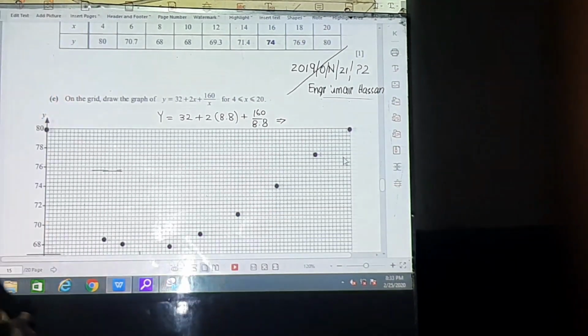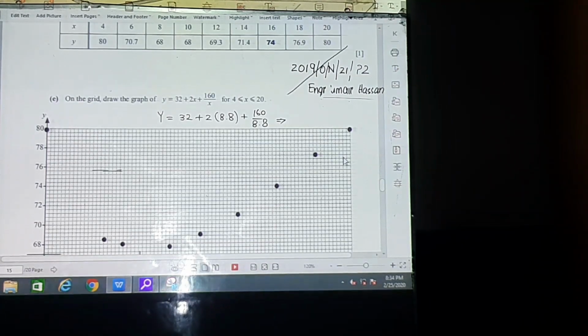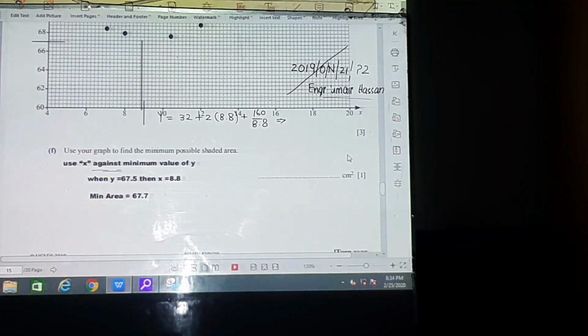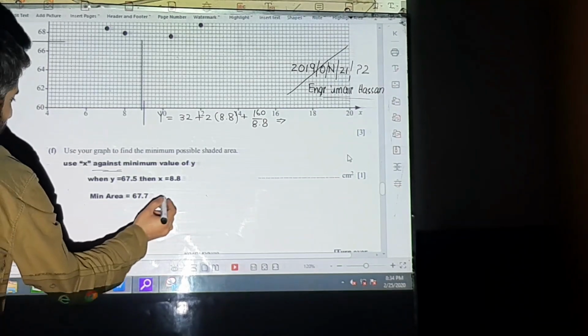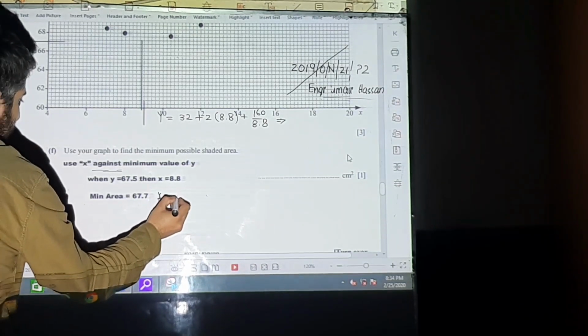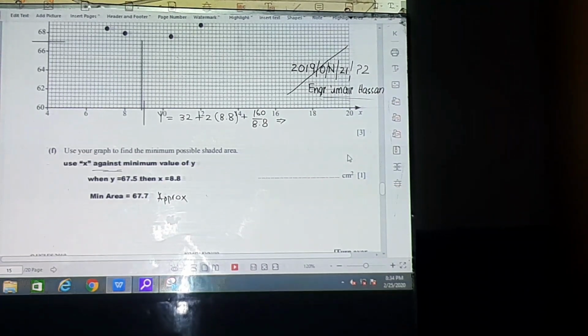You will find that your minimum area will be 67.7 approximately. This is the approximate value for your area in this case.